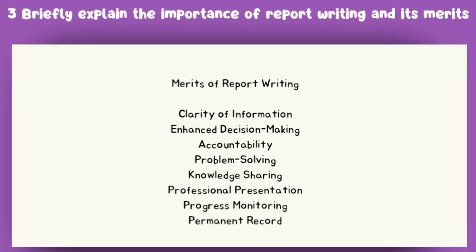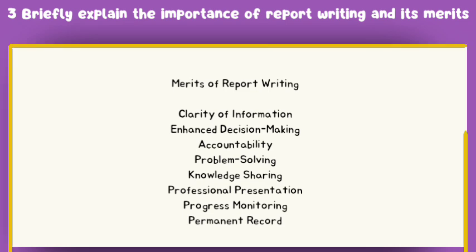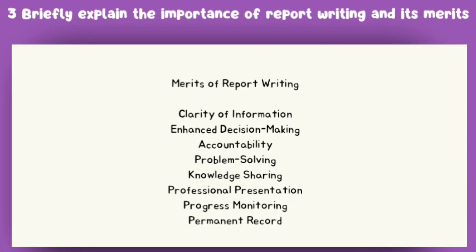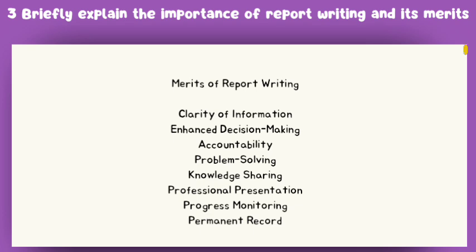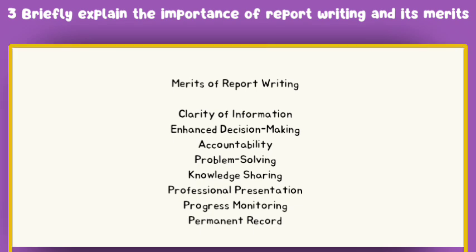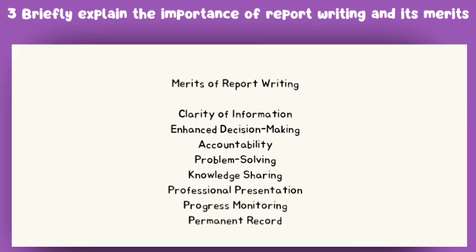Fourth is problem solving. That means report writing identifies issues and proposes actionable solutions. And the fifth one is knowledge sharing. Report writing facilitates the transfer of knowledge across teams or organizations. Next is professional presentation. Seven is progress monitoring, and eight is permanent record.